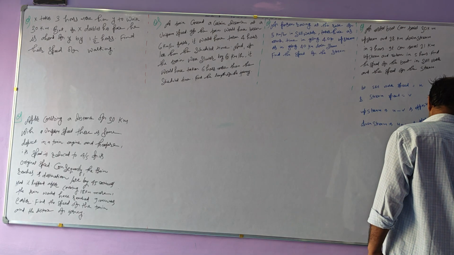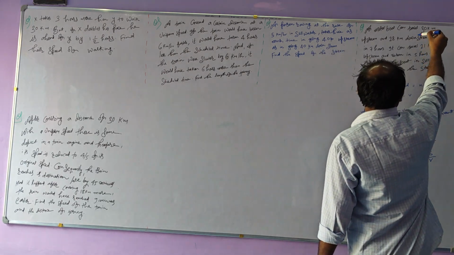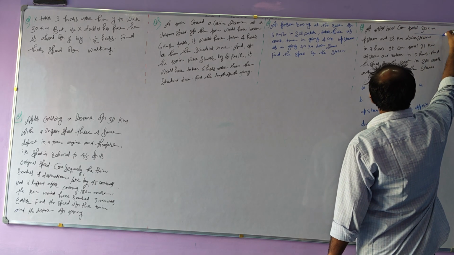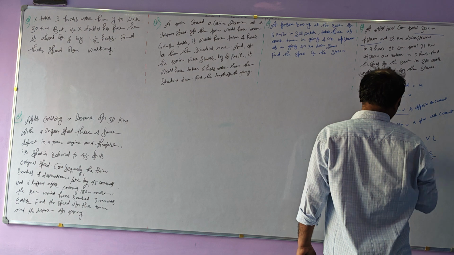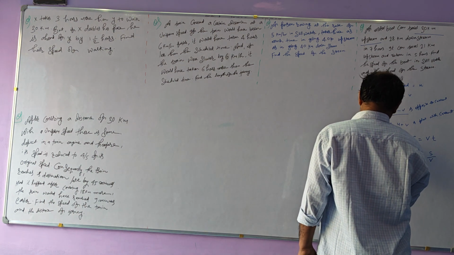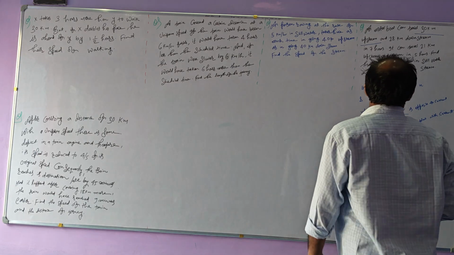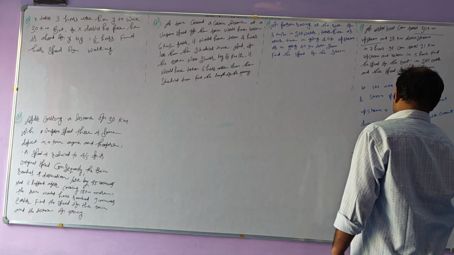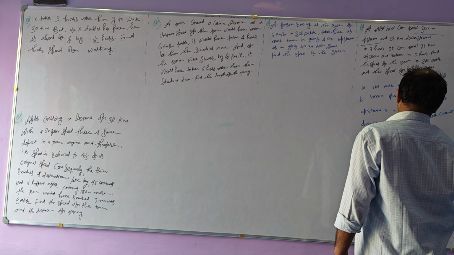S upon V. 30 km upstream, upstream is u minus v, and distance is 30, so 30 upon u minus v plus 28 upon u plus v, that is 7.